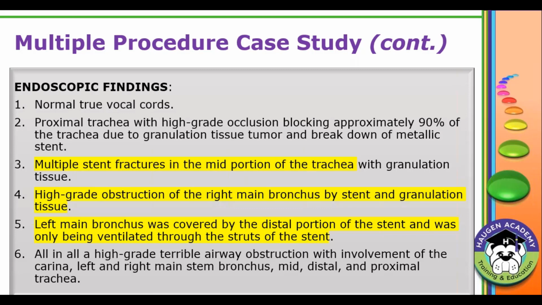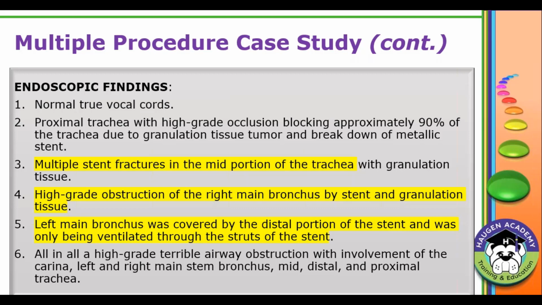The endoscopic findings here were important for what exactly that complication was, which of course is going to be important for the CM portion. This patient actually had multiple stent fractures in the mid portion of the trachea. And then he has high-grade obstruction of the right main bronchus by stent and granulation tissue. Granulation tissue is the body's natural response to a foreign body.